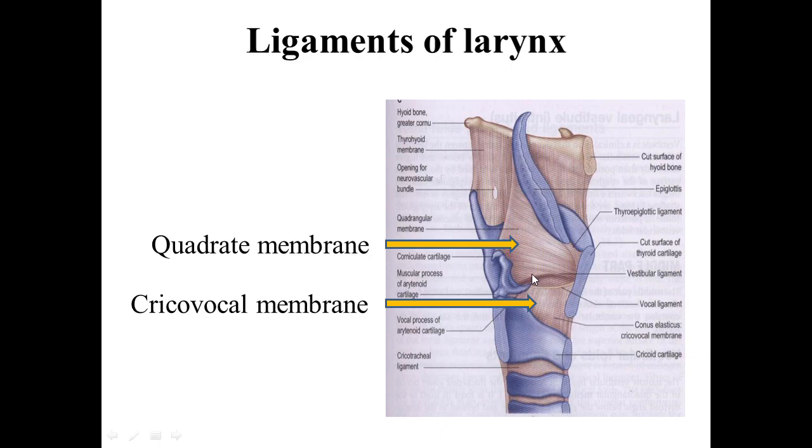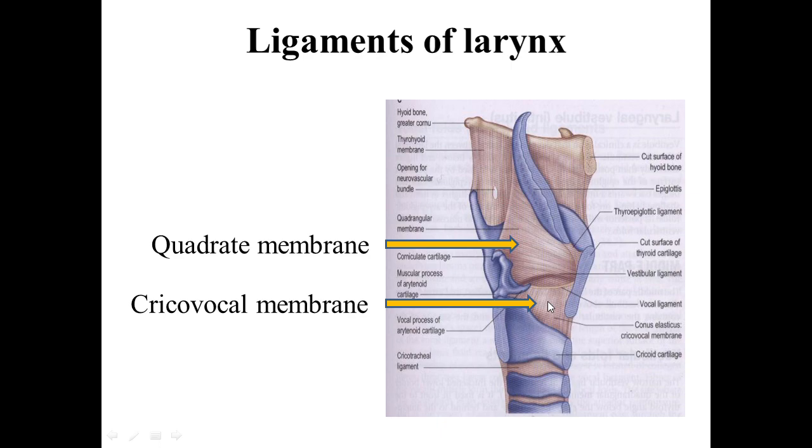Then there is the vestibular fold which extends from the thyroid angle to the arytenoid cartilage, and it contains the vestibular ligament, which is nothing but the lower thickened border of the quadrate membrane.